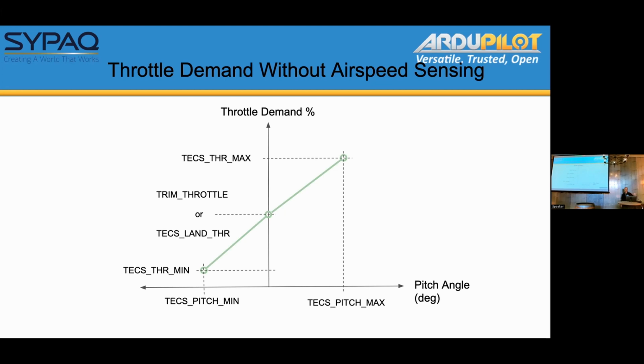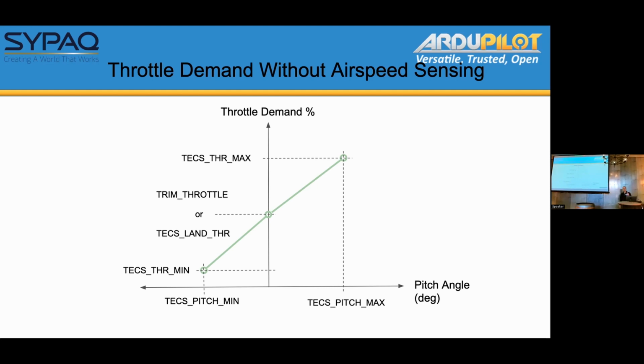And as you can immediately intuit, getting the right mapping, having that throttle maximum being sufficient to maintain a safe airspeed when you're demanding your maximum pitch angle, that's important. And similarly, to avoid overspeeding on cruise or overspeeding on descent.